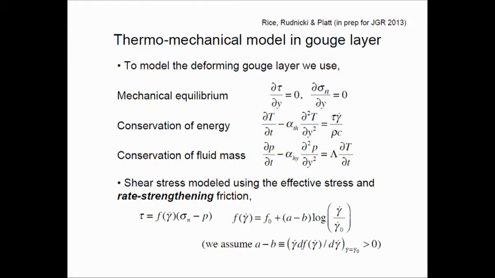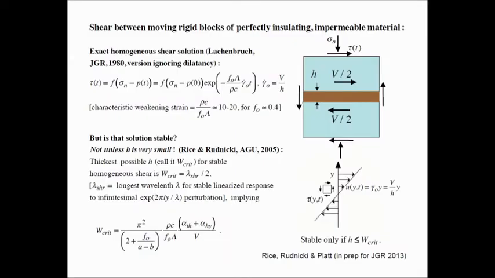A measure of how strong that rate strengthening is for other reasons is given the label A minus B. That has to do with the larger literature on friction. So here's the first thing that was done by Lockner many years ago.